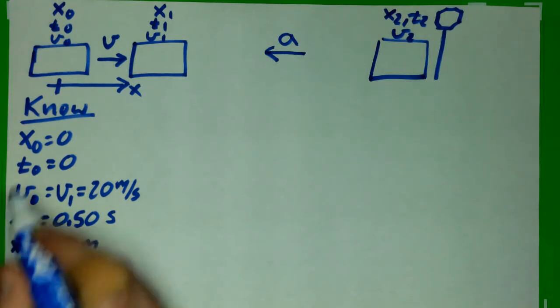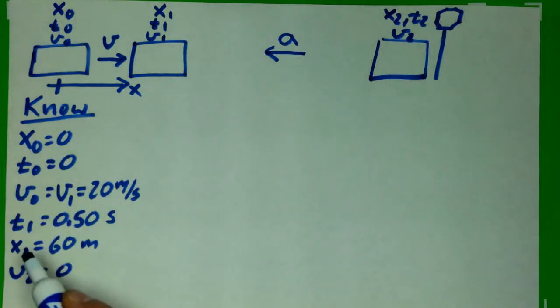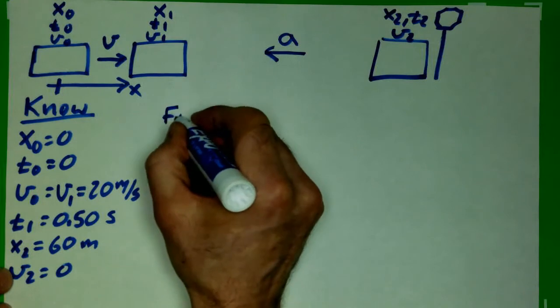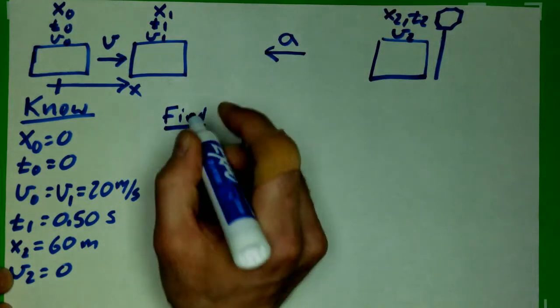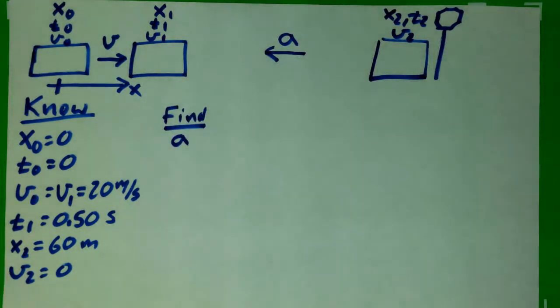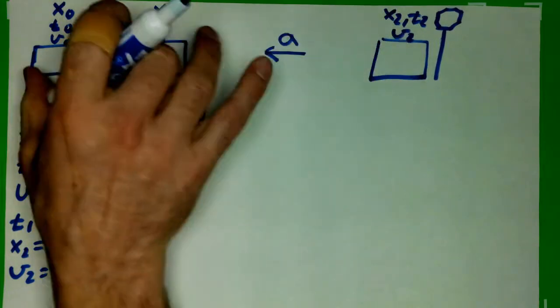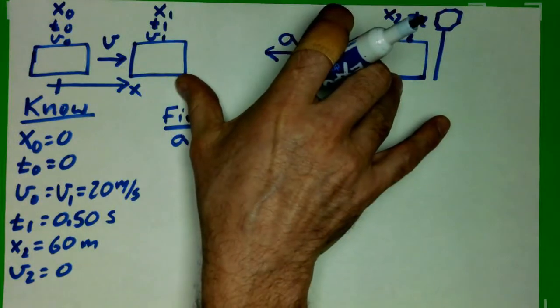Okay, so I've now listed everything I know, and I can now say, what am I looking for? I want to find a. I want to find what that acceleration is. Okay, I'm going to be a little bit careful here now, as I notice there are two separate types of motion: constant velocity, constant acceleration.